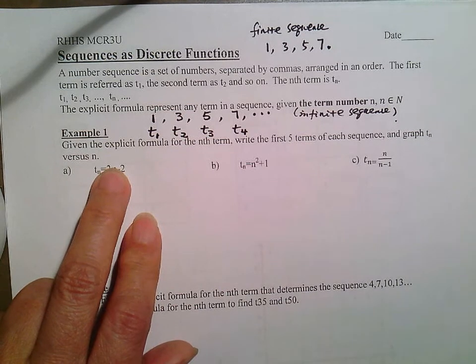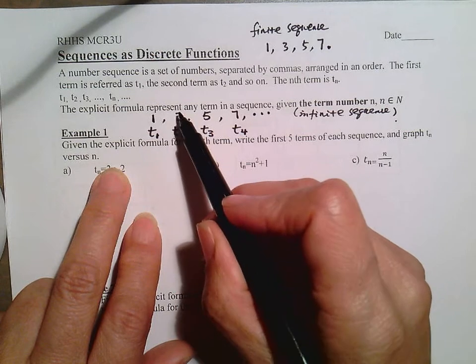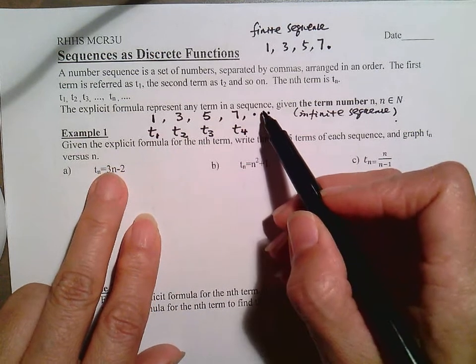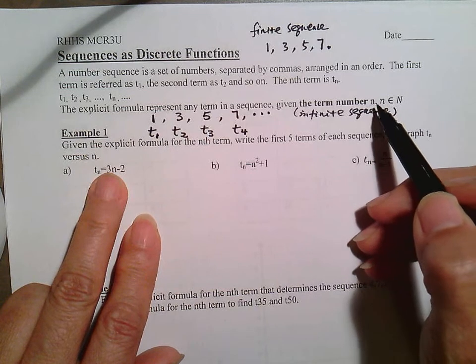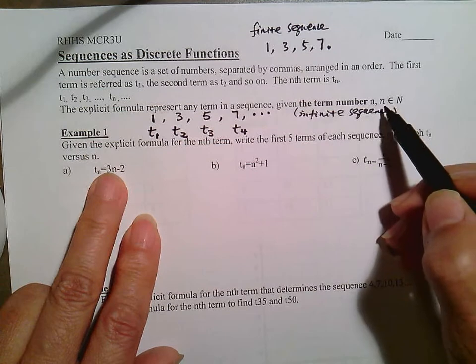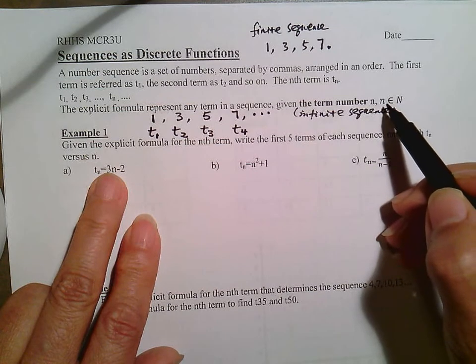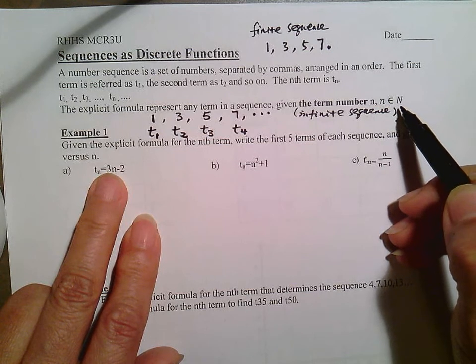What is an explicit formula first? An explicit formula represents any term in a sequence as long as the term number n is given. The term number is the first, second, third, fourth term. That term number n is special. It's only a natural number. It cannot be decimals or fractions. It's just a natural number.